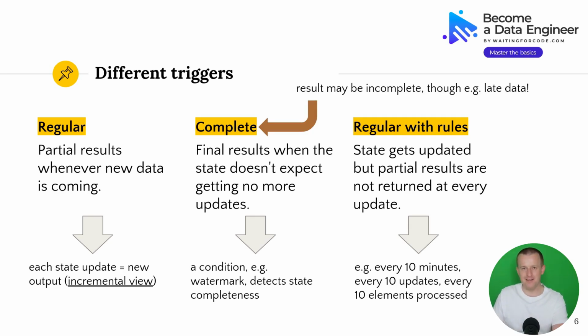So complete says that we will emit the results because, due to the watermark, we are sure that we will not get any more late data. Well, it's only partially true because it's true at the given moment.